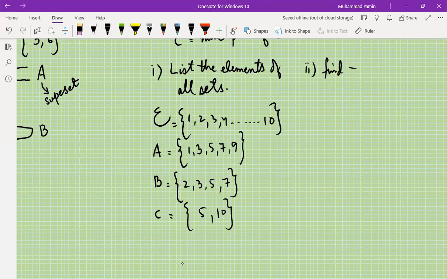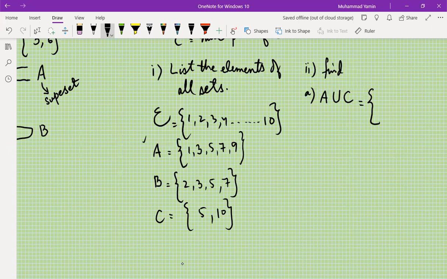We just need to simply find A union C. Now just see how it is done. First of all, the union symbol is in between the 2 values A and C, so we have to take the names of the sets and the elements of the sets. So let's see, when you combine them together, A and C, we just take it from 1, 3, 5, 7, 9, and 5, 10. We combine all of them together.